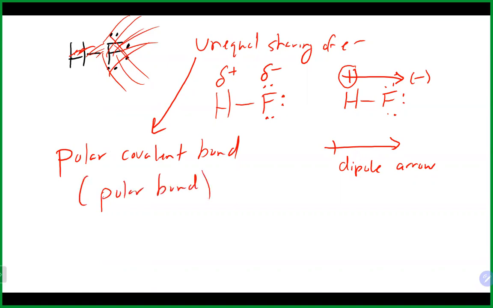So a polar bond is one where we have unequal sharing of electrons. And the result of that is we actually do get a charge that occurs within that bond, where one side of the bond is more negative, the other side is more positive. Any questions on that there?